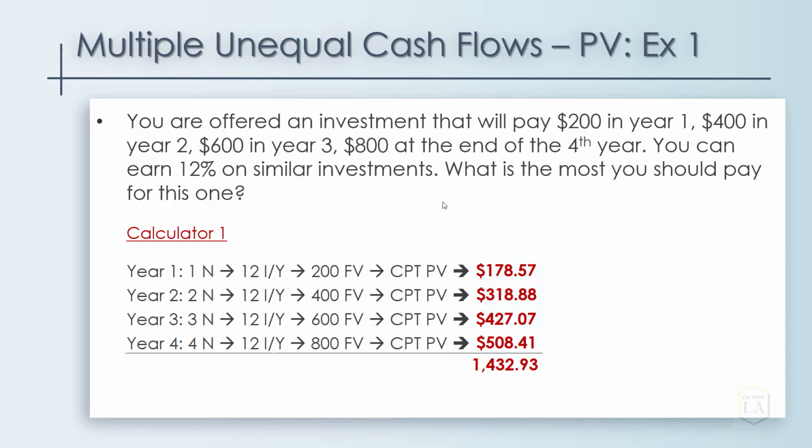Okay. And of course, with the calculator, you can do it the same way as well. Just treat all the cash flows separately, figure out the present value and sum them all together, as we did with single cash flow present value.